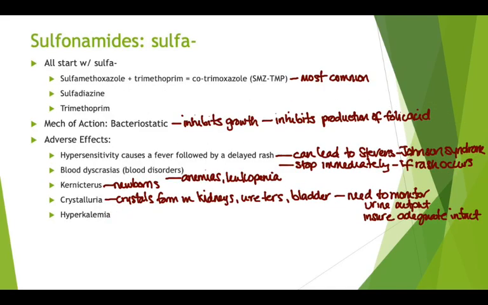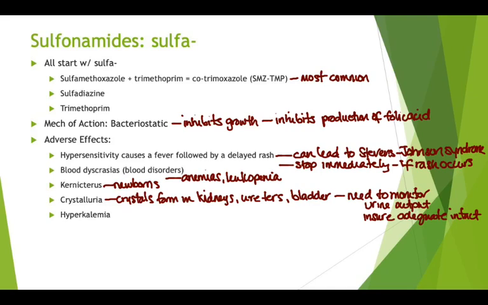All right, so we start with sulfonamides, your sulfa drugs. These drugs will all start with sulfa. So you have your sulfamethoxazole plus your trimethoprim, and co-trimoxazole, which is your Bactrim.